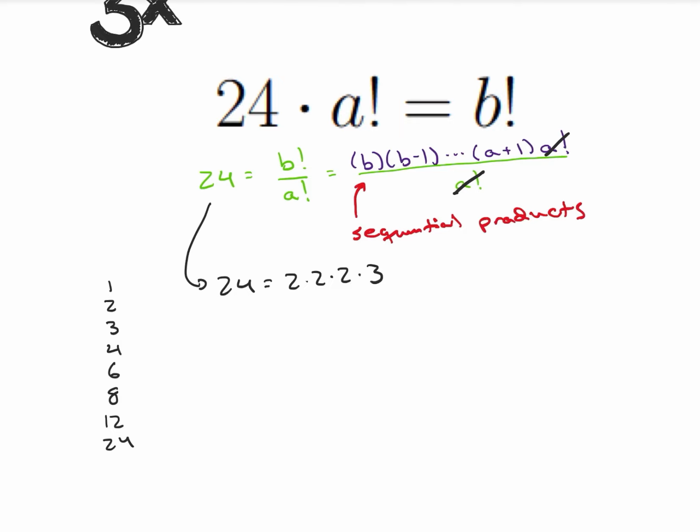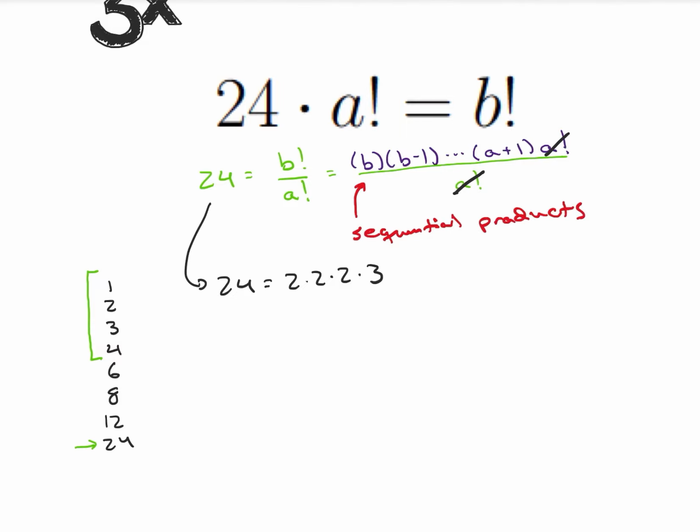So where do I see sequential integers? I could just call the one at the top, 24, an integer by itself. And then it looks like I have 4, 3, 2, 1, which is also a set of sequential integers. So I have two possibilities here.